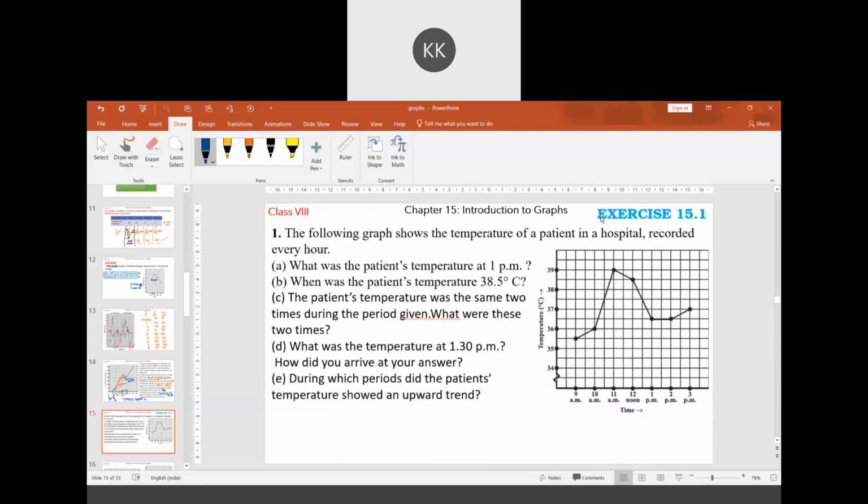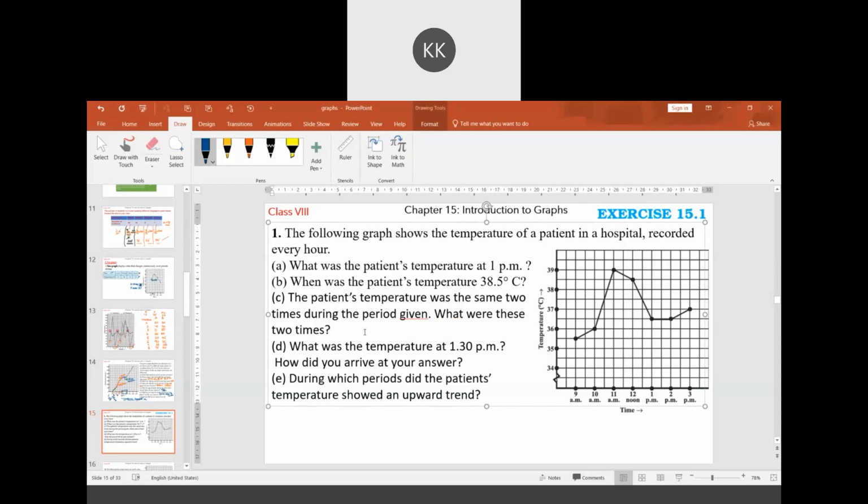Let us see the exercise question. The following graph shows the temperature of a patient in a hospital recorded every hour. What is the patient's temperature at 1 p.m.? When was the patient's temperature 38.5 degrees Celsius? The patient's temperature was the same 2 times during the period given.